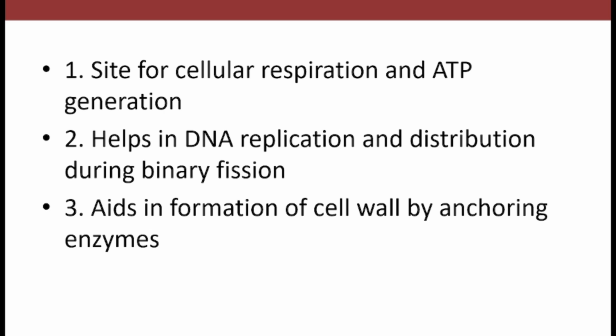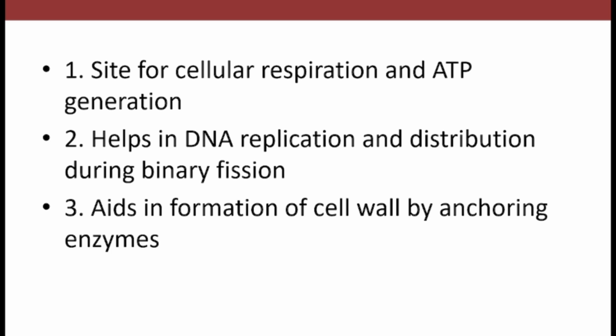Okay, these are the functions of a mesosome. Number one, it is the site for cellular respiration and ATP generation. They perform that role. They help in DNA replication as well as play a very vital role in distribution during binary fission, as well as aiding formation of the cell wall by anchoring enzymes.